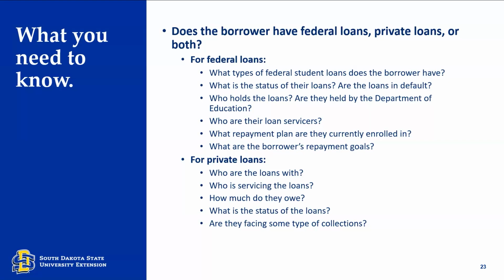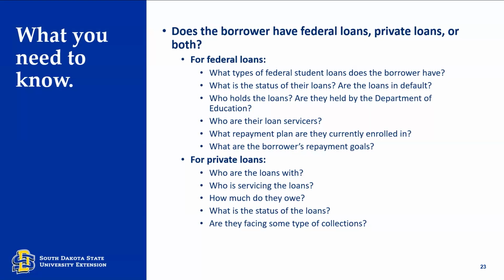But for federal loans, always know what type of loans you have, what the status of the loan is, if it's in default, repayment, forbearance, who has the loan, who the loan servicer is, what type of repayment plan you're in, and then identify your repayment goals. Do you want to just really focus on paying off those loans and be done with them faster, or do you want to just take your time with the repayment plan?